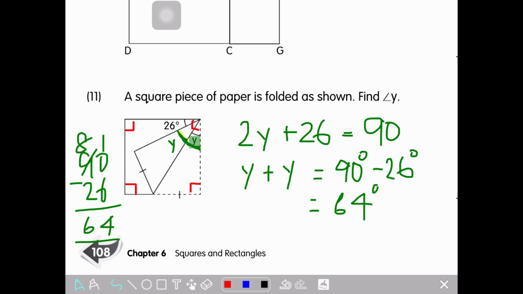But we want to find one angle Y. How do we find one angle Y? If we know that two angle Y is 64 degrees, then one angle Y is 64 degrees divided by 2.